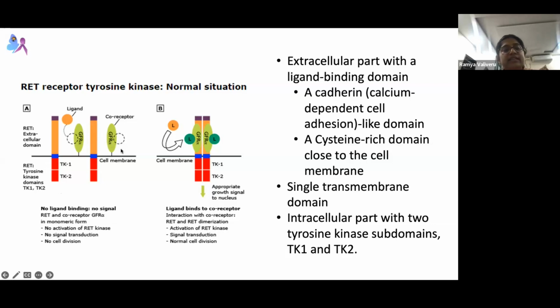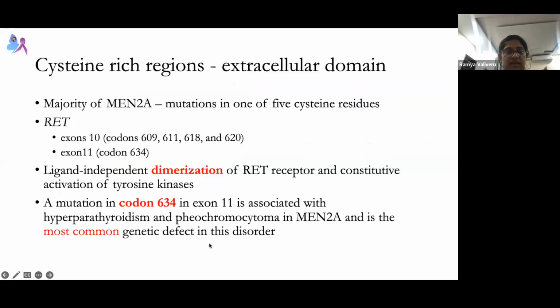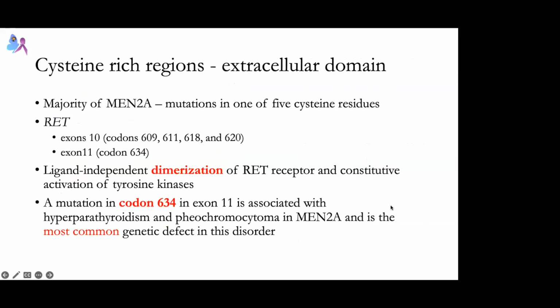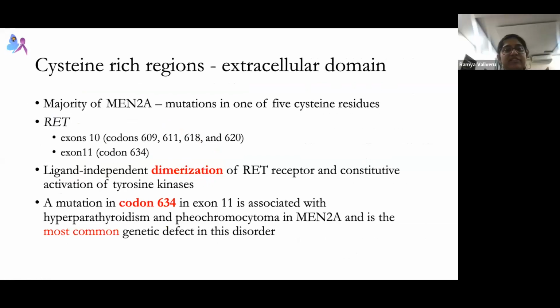Whenever there is ligand and co-receptor engagement, there is going to be dimerization like this, and the cascade begins, so appropriate growth signal to the nucleus is given. Is this clear? Yes, ma'am.